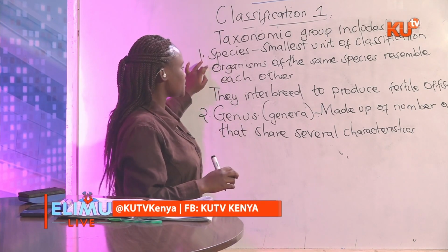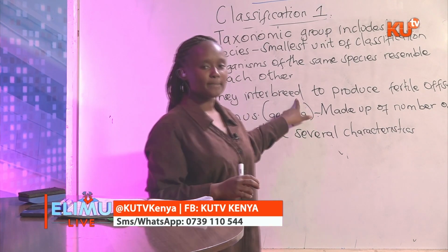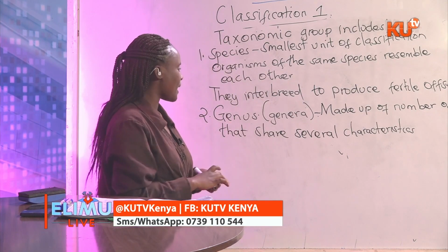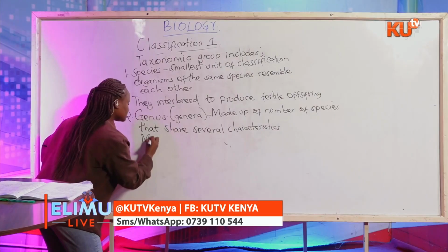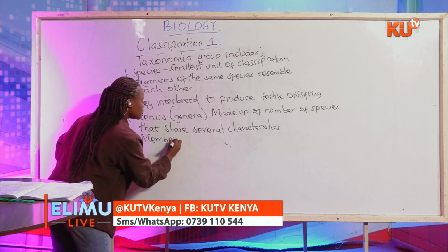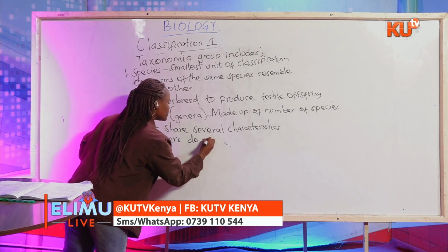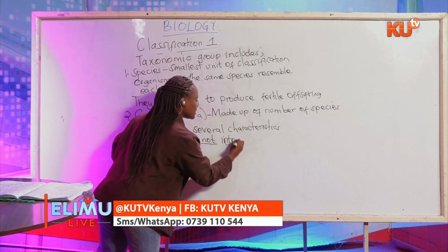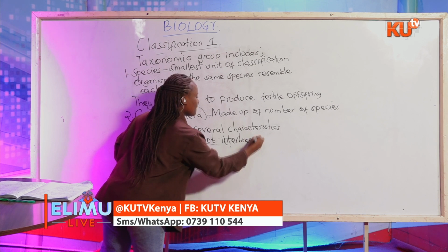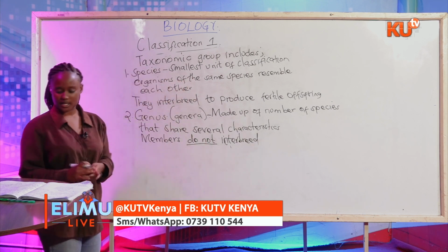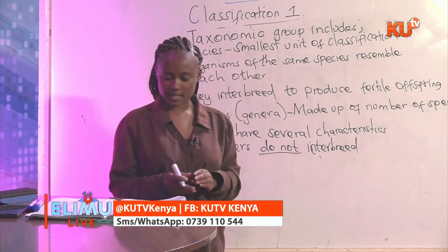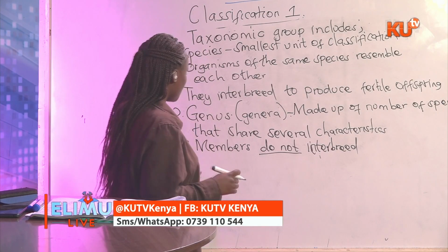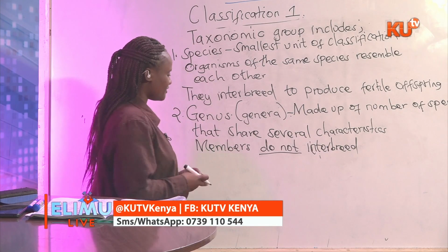Remember, we've said in species, members interbreed to produce fertile offspring. But in genus, members do not interbreed. And if they do interbreed, the offspring are infertile.